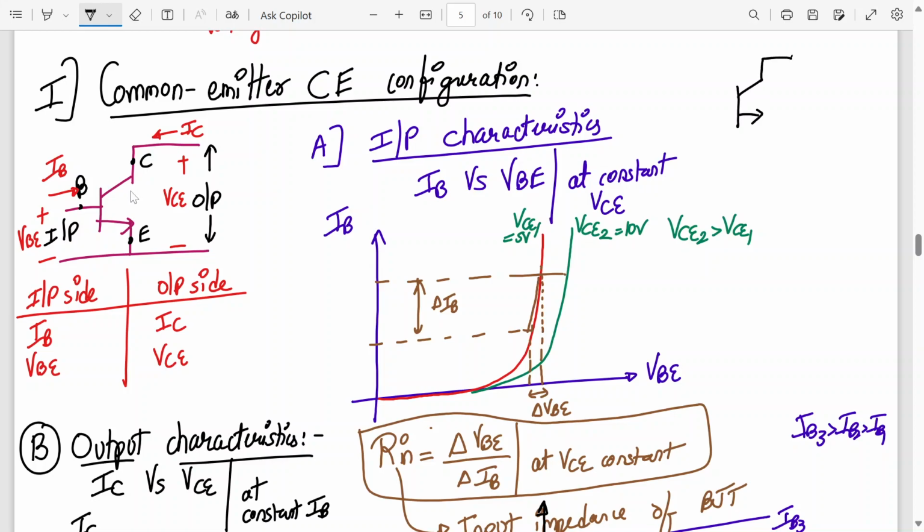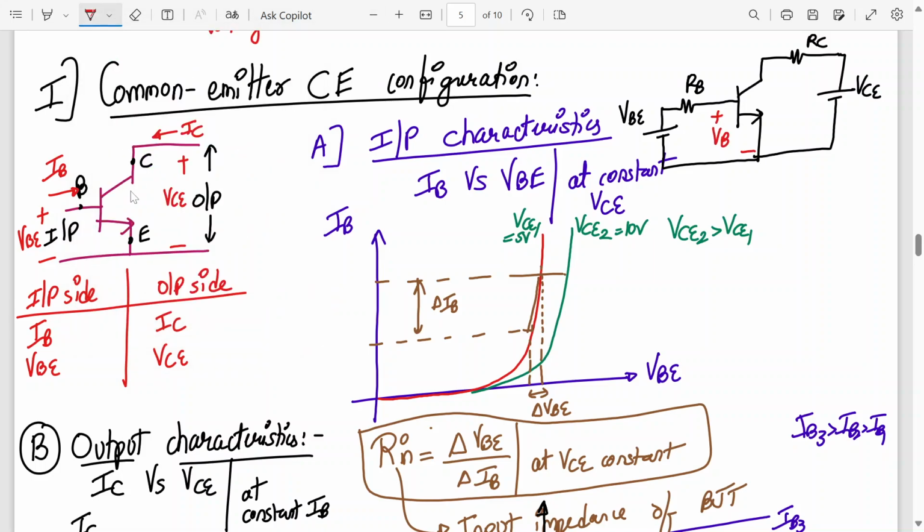You connect a resistor over there to protect the BJT from heavy current, then you apply forward bias voltage like this. Here you apply voltage like this. This is VCE, VB, this is RB, this is RC. So this is the practical circuit for implementation of common emitter mode.